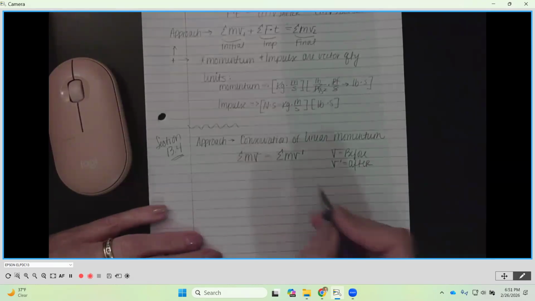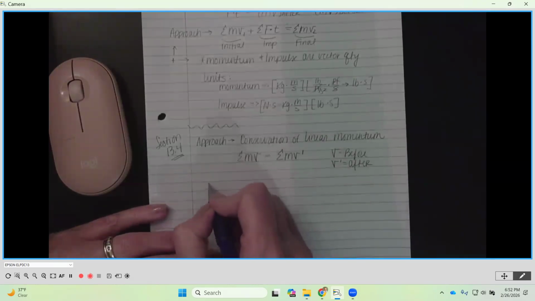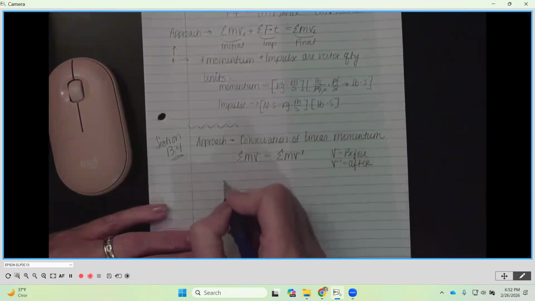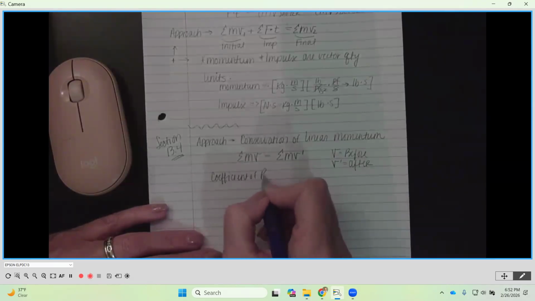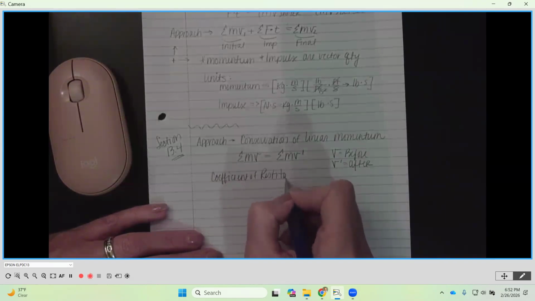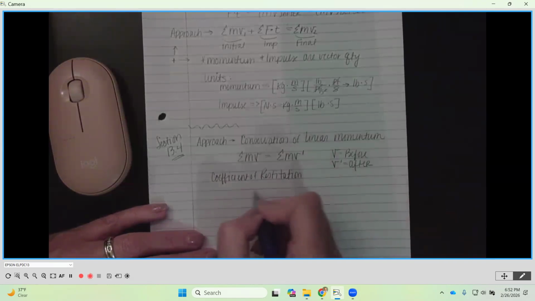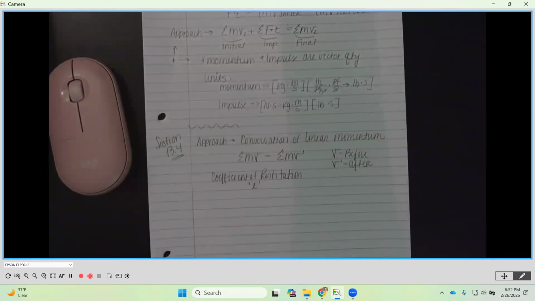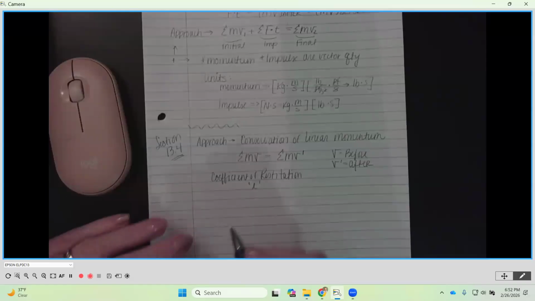Then when we want to calculate that coefficient of restitution, how do I want to write this? Okay. And that has the variable lowercase cursive e, if you would. Okay.